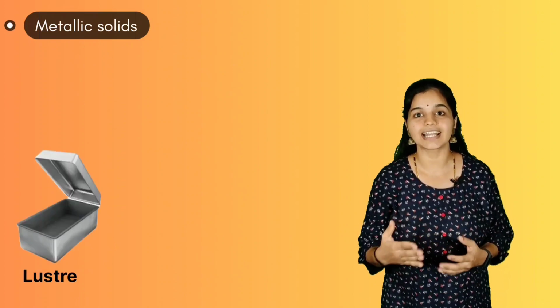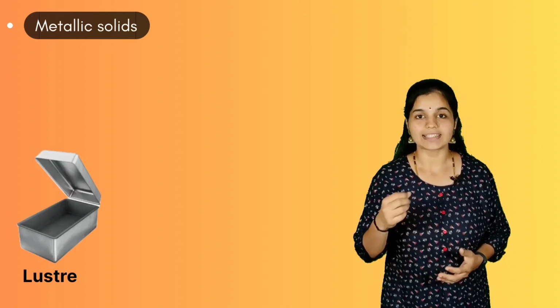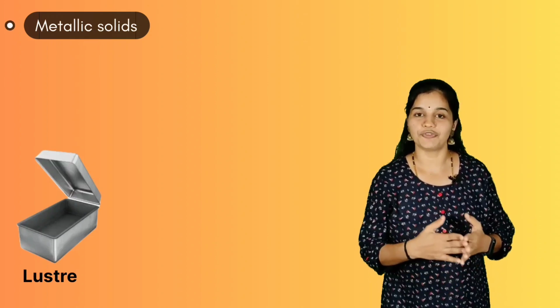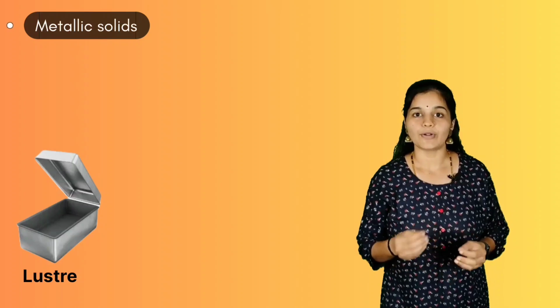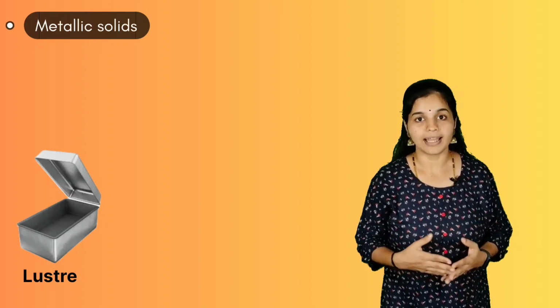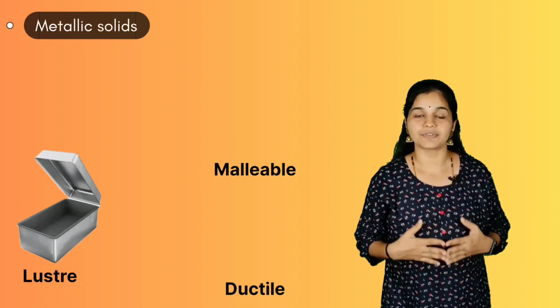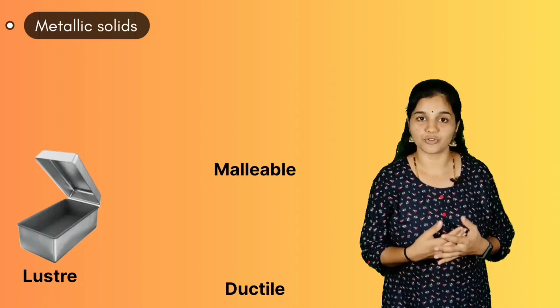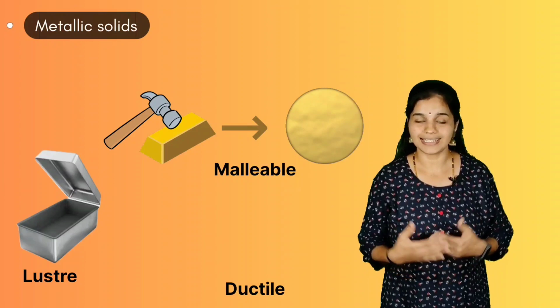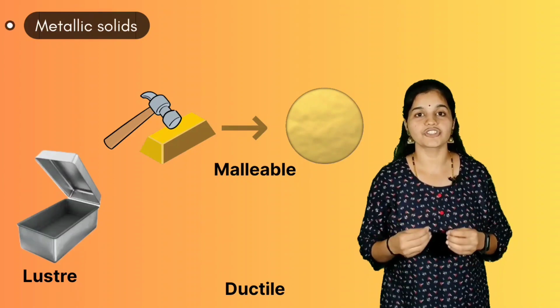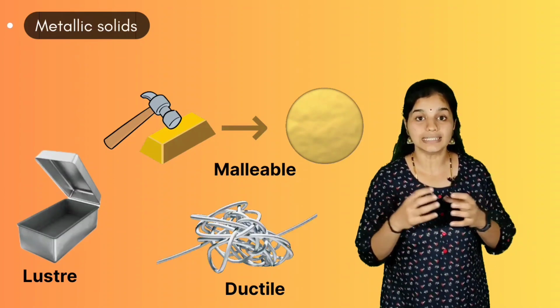Another important property of metal is its luster and color in some cases. This is also because of the presence of free electrons. Also, they are malleable and ductile. Malleability means that we can convert them into sheets, whereas ductility refers to the property which can make thin wires from the metal.